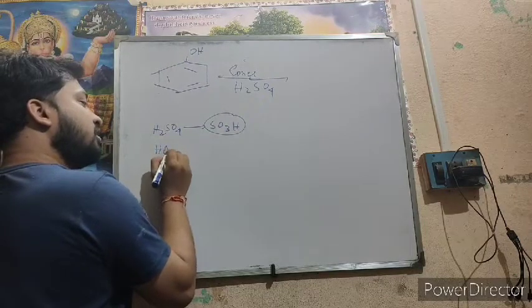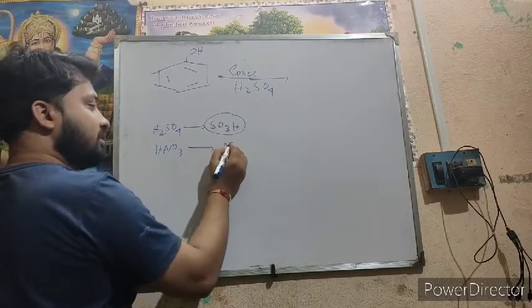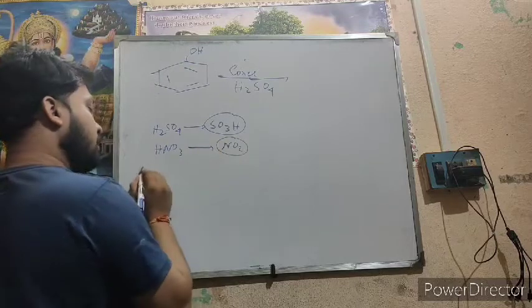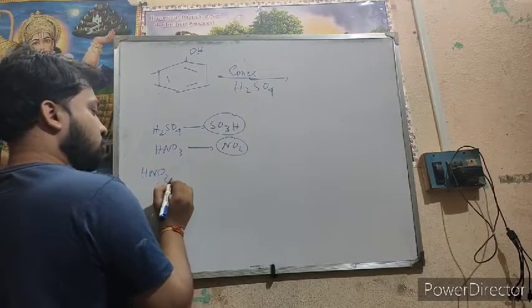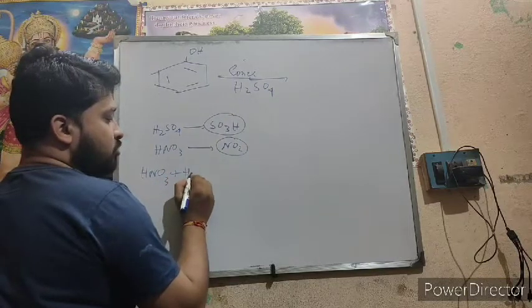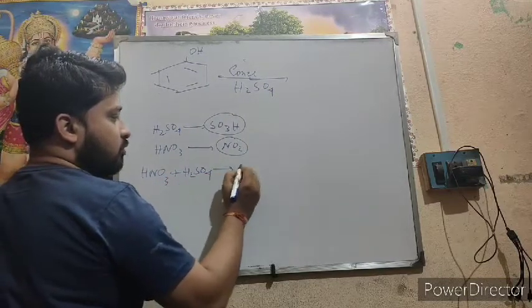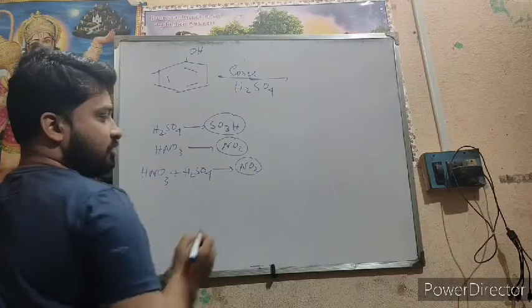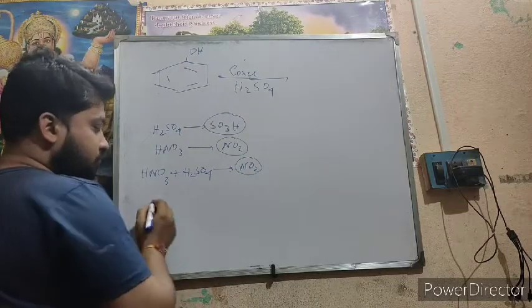Concentrated HNO3 gives you NO2 as the electrophile. HNO3 and H2SO4 give you the NO2 product for nitration.